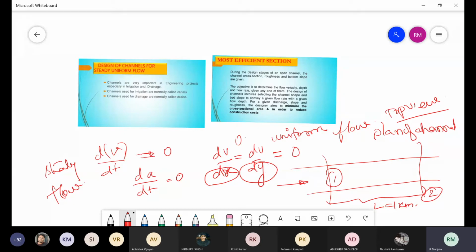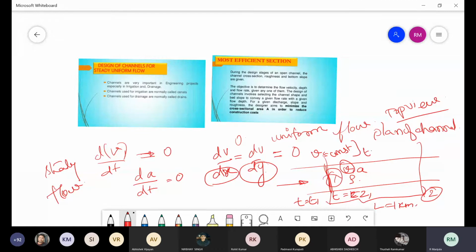If you are considering flow parameters such as velocity, acceleration, density at section 1, when time t is equal to t1, t is equal to t2, your velocity remains the same. So v is constant at all times t.